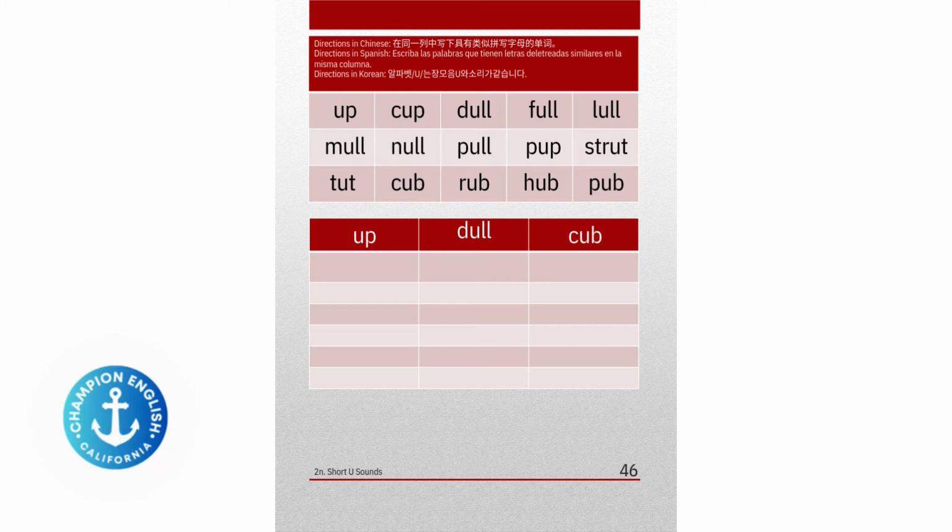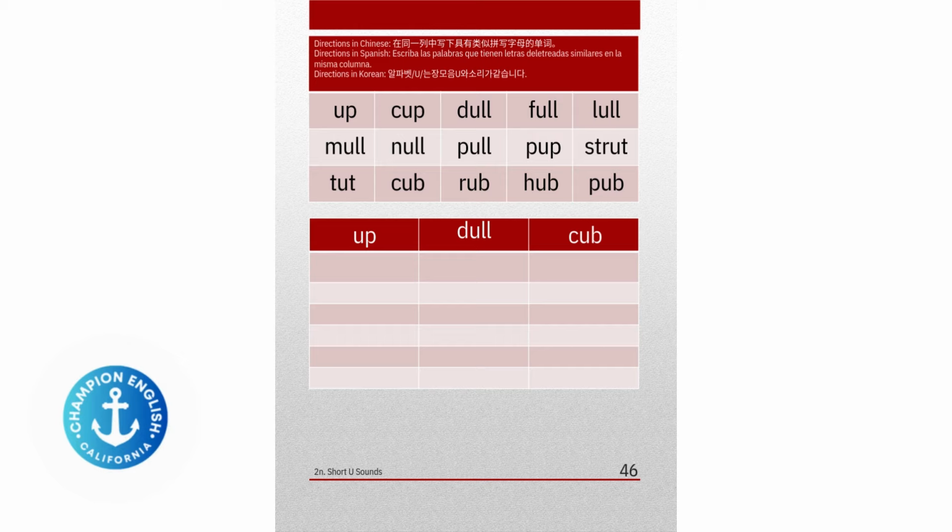Now, students, we're going to put the words that we have just sounded out into the right column. So in the first column, we have up. Secondly, we have dull. And in the third column, we have cub. Can you say those words together?